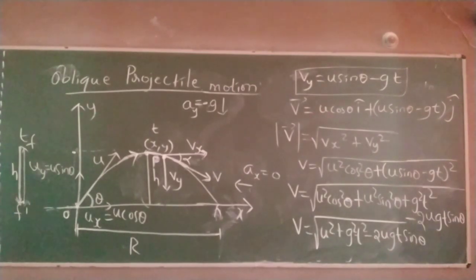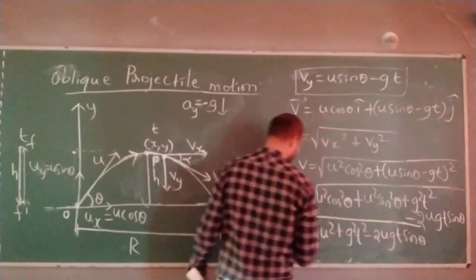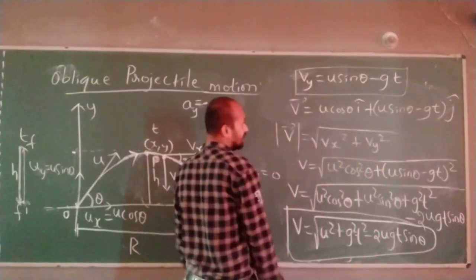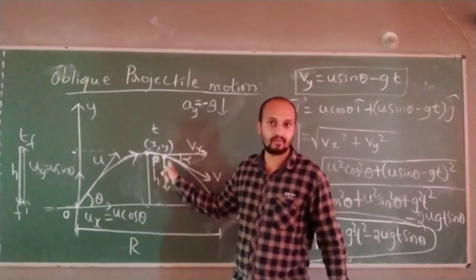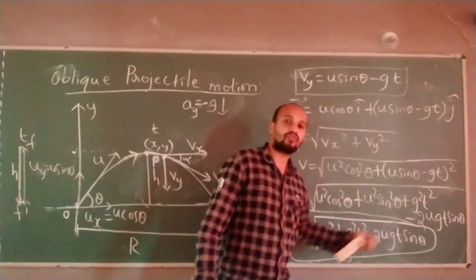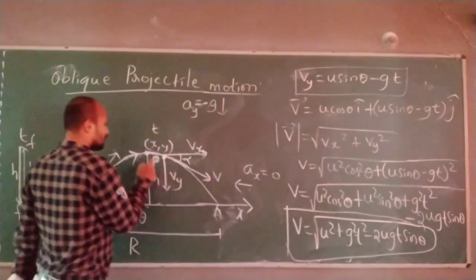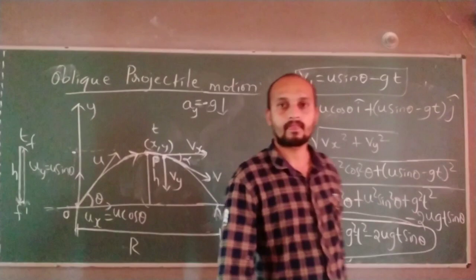So this is the equation for the velocity of a particle at time t. If you want to find the velocity at any point, this is the formula in terms of t. Better you remember the derivation. From vector form, I have taken vx i cap plus vy j cap.